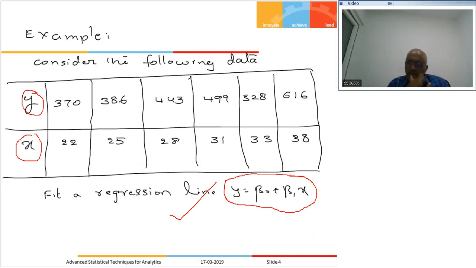If yes, then we take it further and go for regression, right? So that's why, as explained, here they are just asking us to find the regression line of this form which fits the data. That's what we are doing.